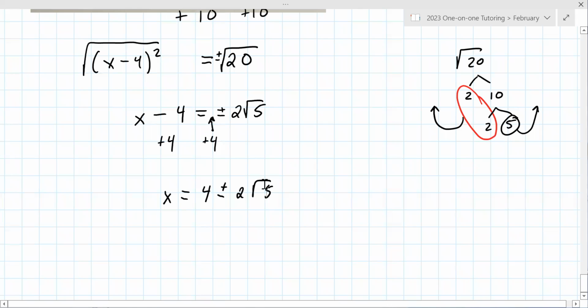The 2 is attached to the square root of 5, and the 4 is off to the left, so you can't add these together. They're separate entities. Bacon and eggs, if you will. It doesn't look right, but this is your answer.